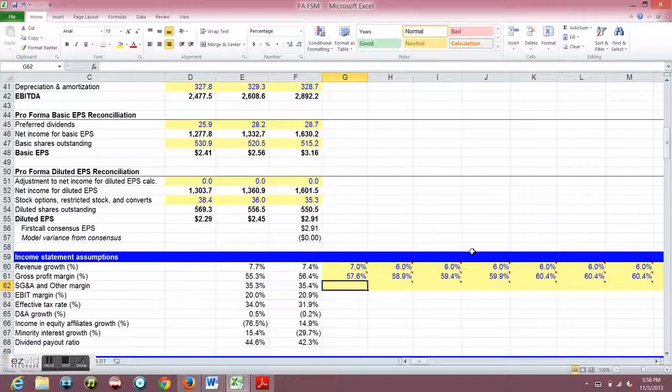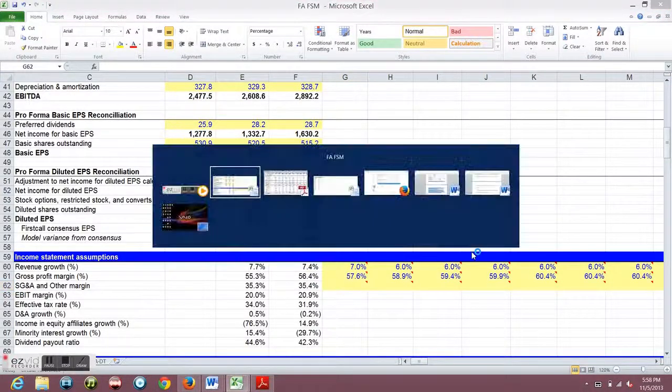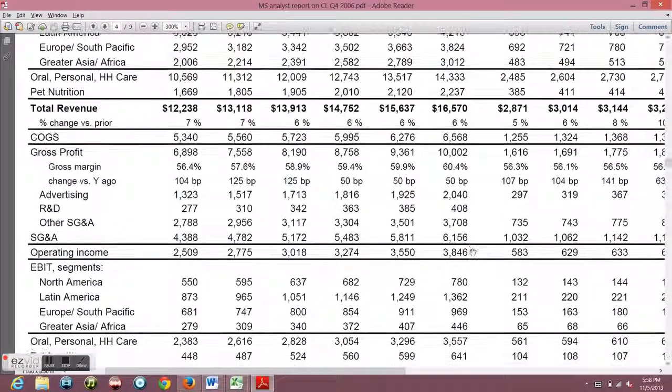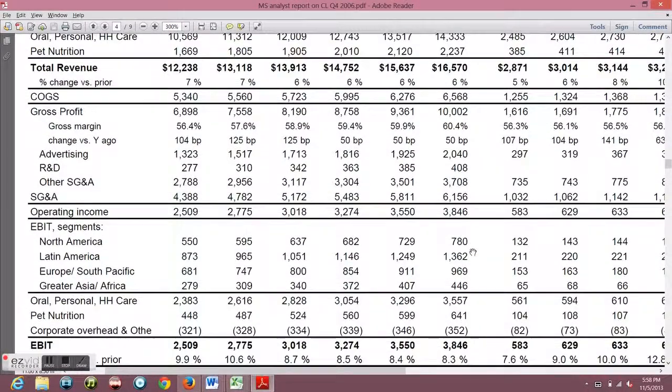Now, you have to keep in mind that in some models, they don't consider SG&A and other to be together. They'll probably separate it. What we're going to do in this case is take a weighted average of how much other is in proportion with SG&A margin.